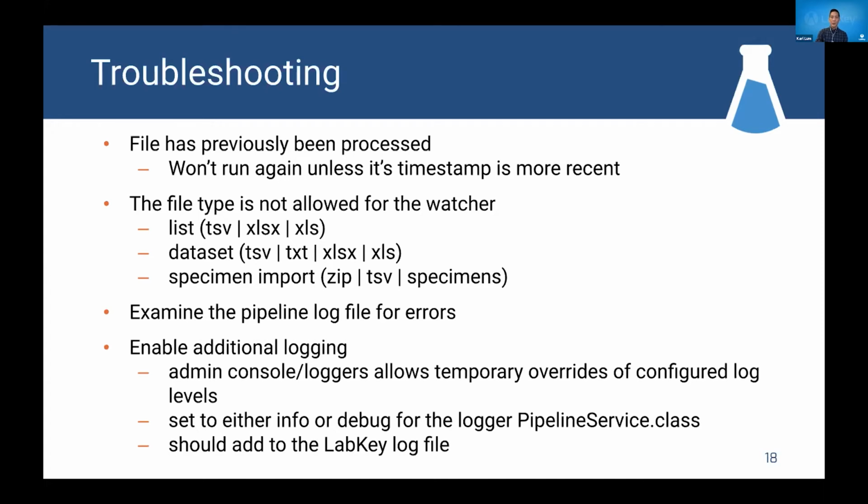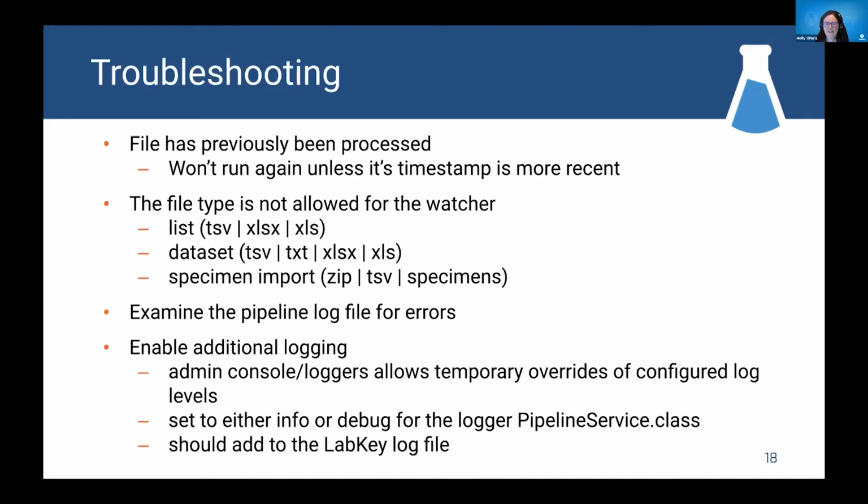And mostly it's because for the import of things like lists or data sets, we can import certain file types. Actually CSV should be allowed, but I think when we built the list and data set, these were sort of the obvious types that should be respected.